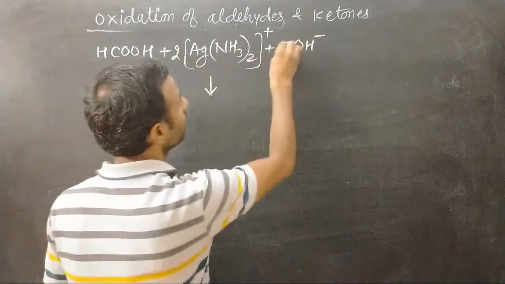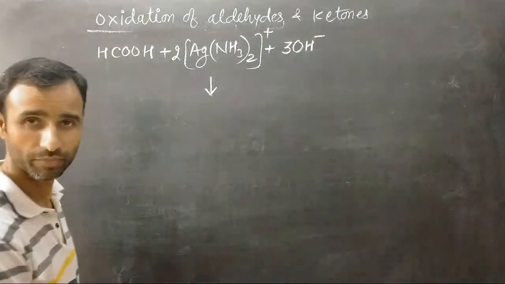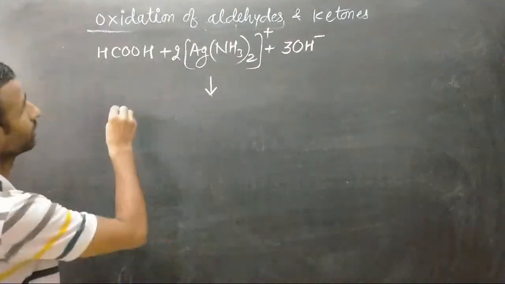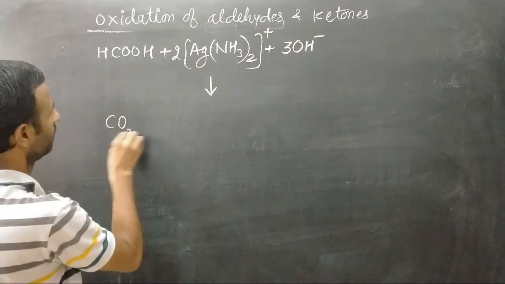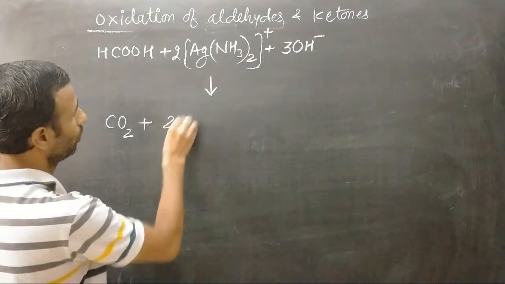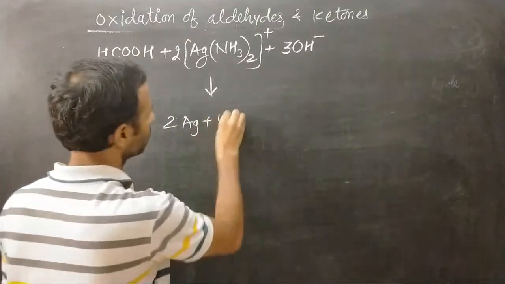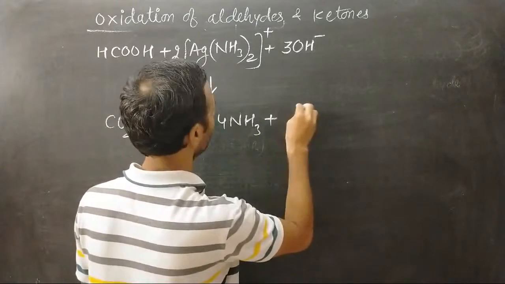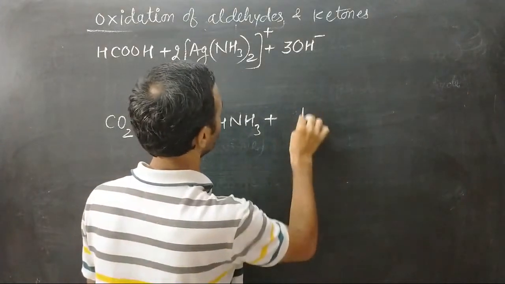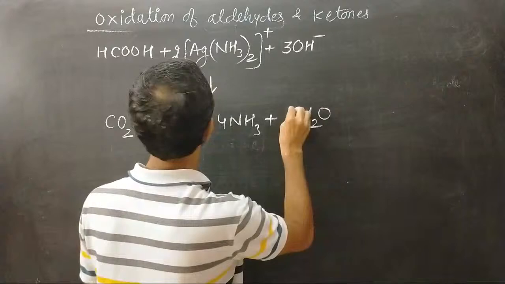There are three OH negative actually. So in this way we get CO2, 2 Ag, plus 4 NH3 along with H2O.